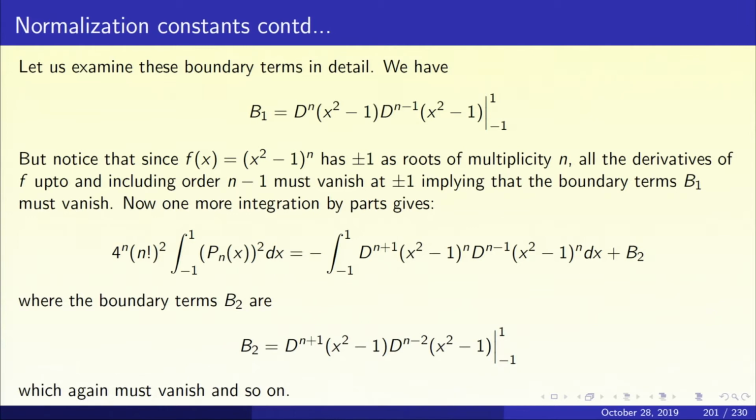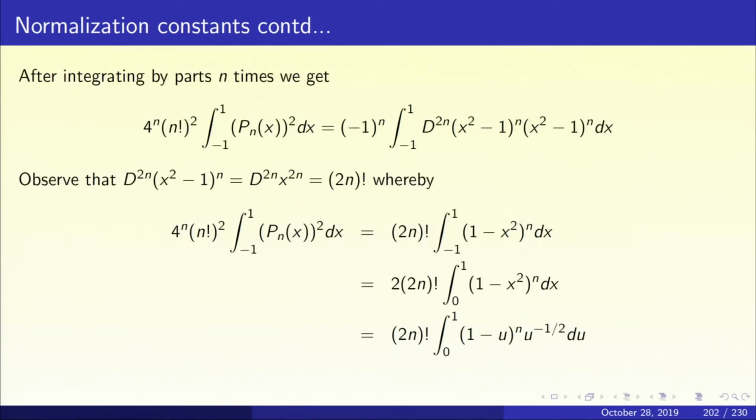So, the (n minus 2)th derivative of (x squared minus 1) to the power n must vanish at both these endpoints. And we carry on further and further. After integration by parts n times, we get 4 to the power n factorial squared times the integral from minus 1 to 1 of (Pn(x)) the whole squared dx equals minus 1 to the power n times the integral from minus 1 to 1 of the 2nth derivative of (x squared minus 1) to the power n times (x squared minus 1) to the power n dx.